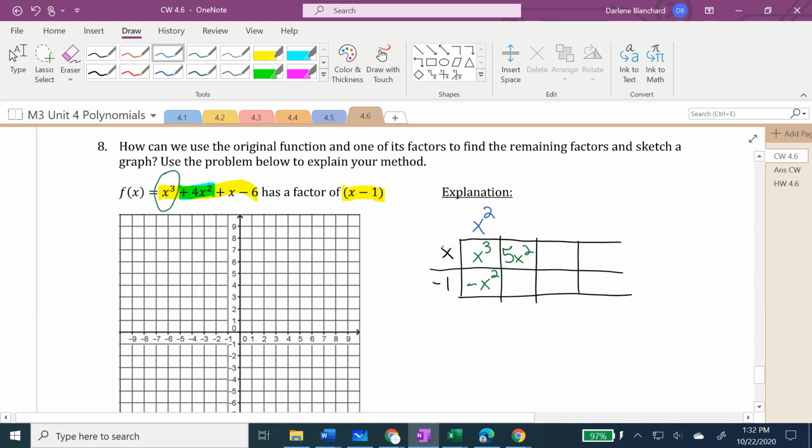Then, x times what is 5x squared? And then 5x times negative 1.